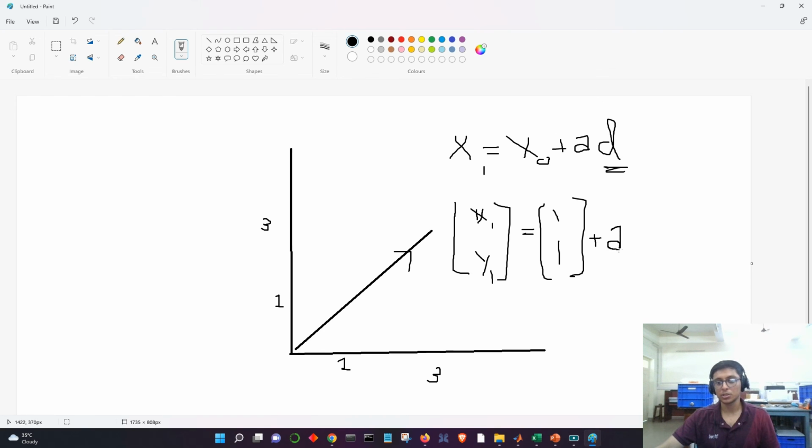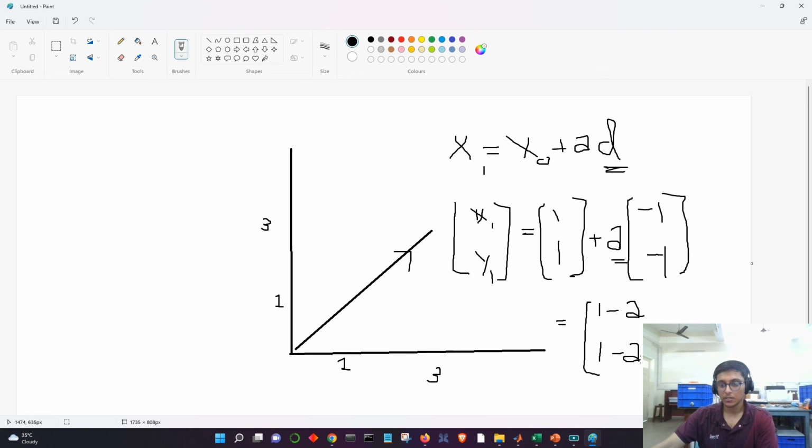Now we just need to know the magnitude along that direction we need to move, so we need this a also, right? Okay, 1 minus a, 1 minus a.